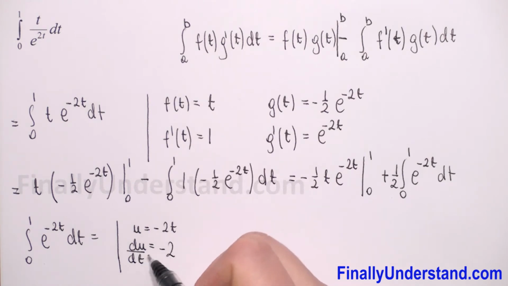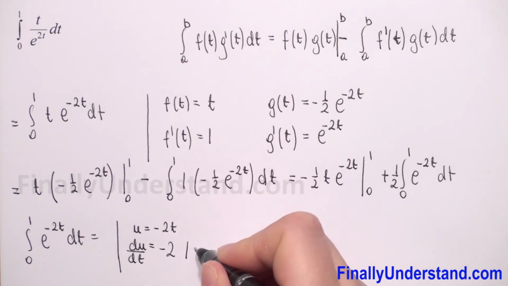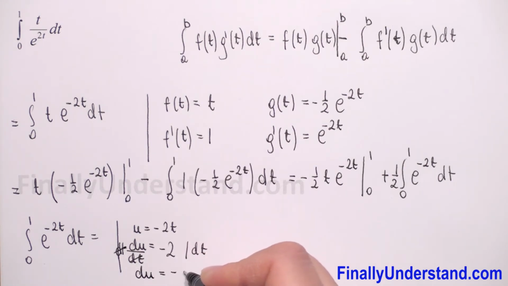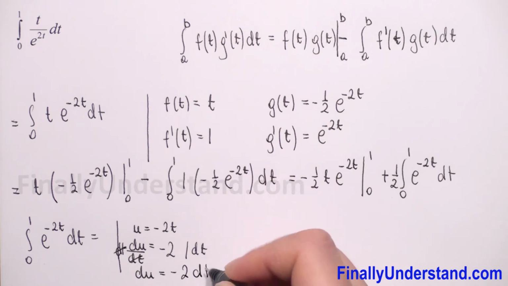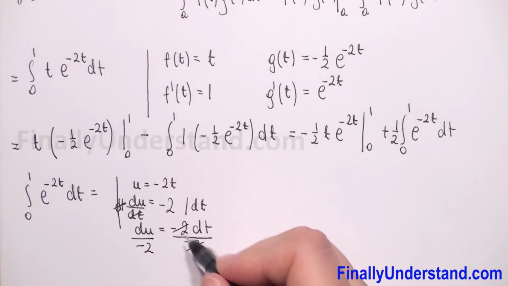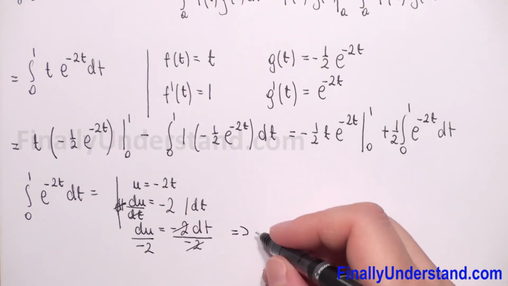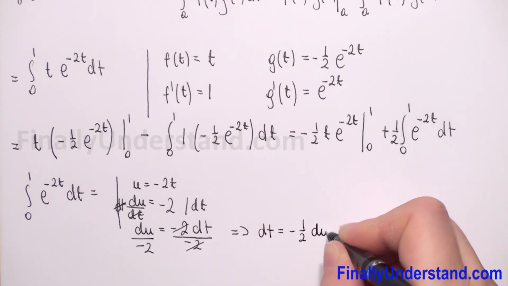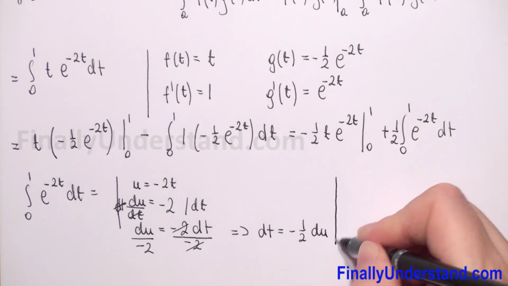Because we need to find du, I will multiply both sides by dt. dt and dt we can reduce, and we have that du is equal to negative 2 dt. But we have here only dt, we don't have negative 2. So now I will divide both sides by negative 2. Negative 2 and negative 2 we can reduce, and we have that dt is equal to negative 1/2 du.